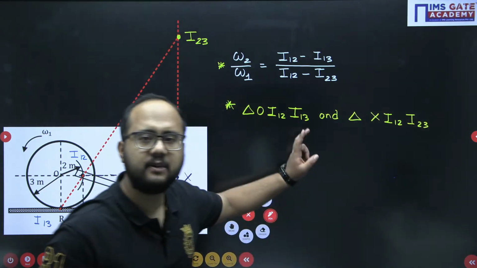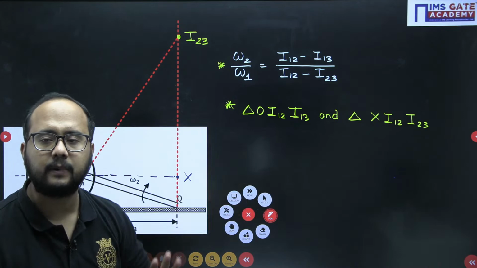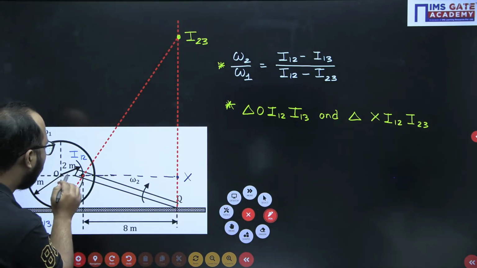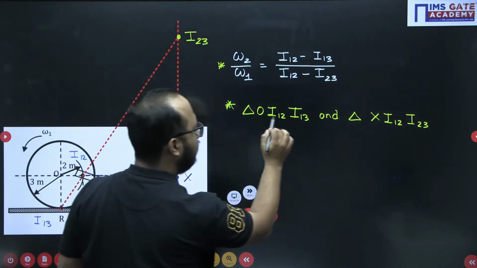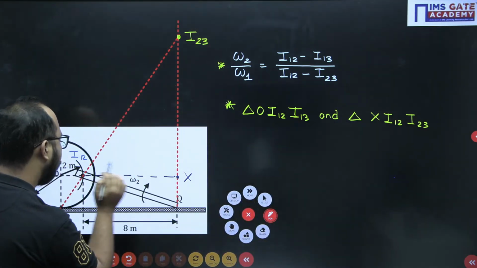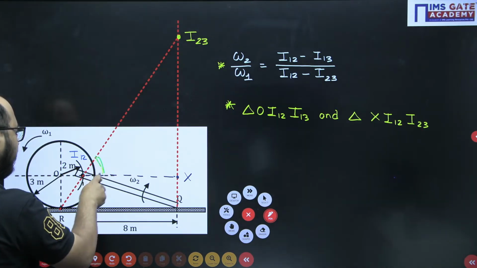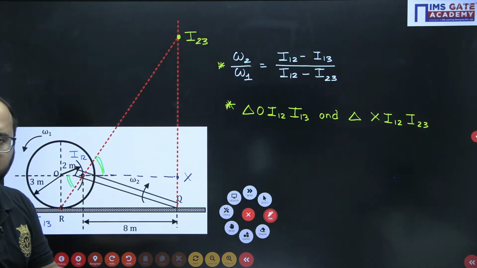Now, can I say both the triangles are similar? Yes or no? Simply tell me. How can I say they are similar? Because angle I12 and I13 at O will be equal to angle at X, I12 and I23. This angle and this angle will be equal, correct?